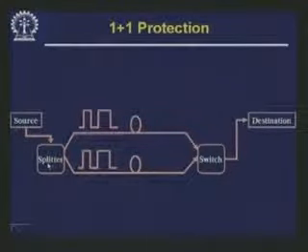If you remember, the splitter is going to split it into two halves, maybe of equal power, and then the same signal is being carried through two different links. And over here there is a switch. What this switch does is it determines which signal is better and switches to that, and communication goes on. If that particular link, say the top one, fails, it automatically switches to the other protection link.